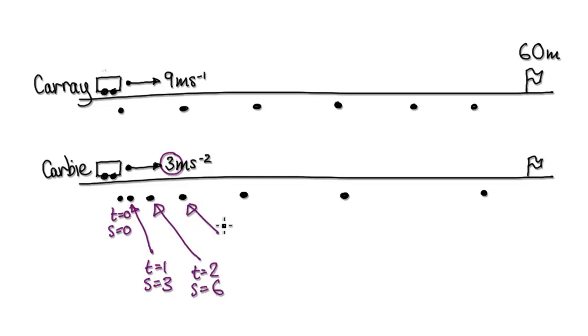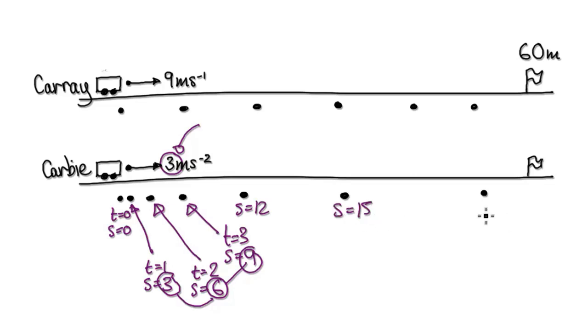Here, at t equals 3, the speed will be 9 because the car is accelerating, so the speed increases by 3 every second. And here the speed will be 12. Here the speed will be 15, and so on.